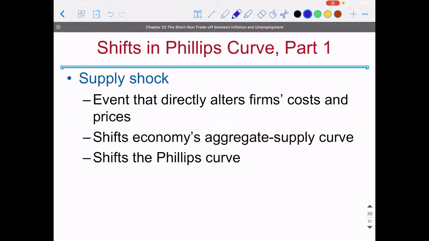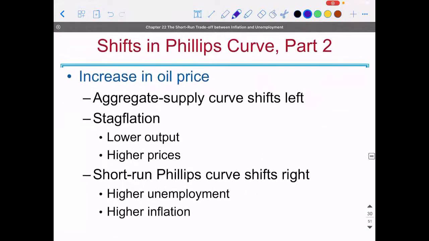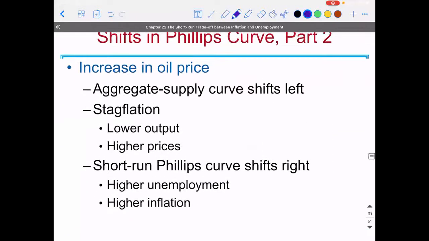Now, we can also shift the Phillips curve. We can shift it by doing something that affects the firm's costs and that affects its prices. So you can try to adjust the economy. And the one thing that did happen in the 1970s that might have shifted the Phillips curve was the dramatic increase in oil prices that we saw, that could then lead to that stagflation.